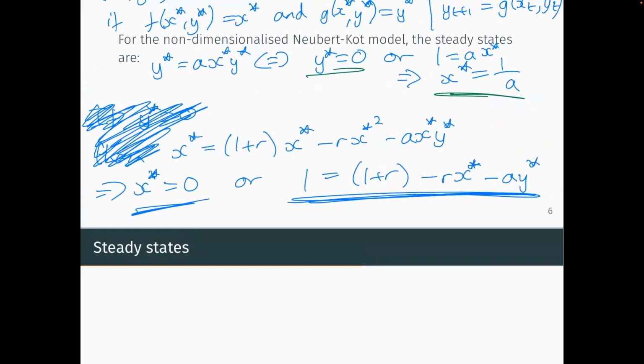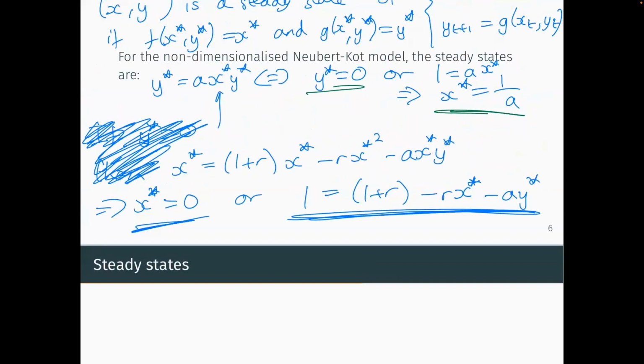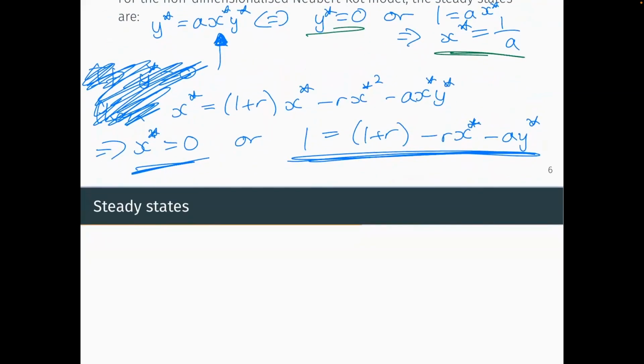If my x star is equal to 0, I know from this equation up here, if I go backwards, y star must also equal 0. So x star equal to 0 implies that y star must equal 0.